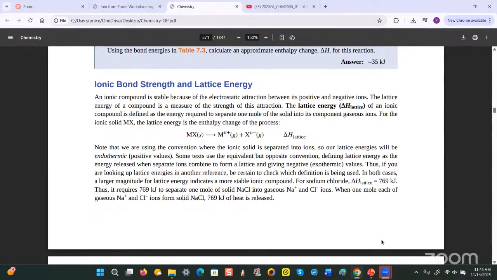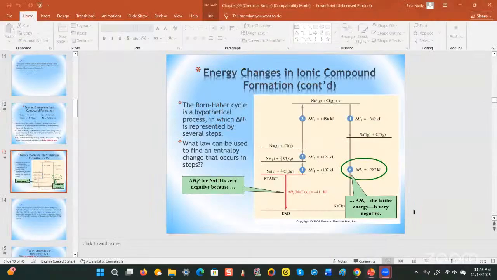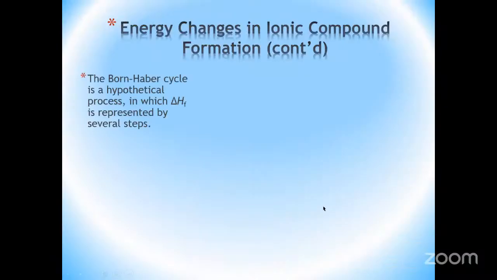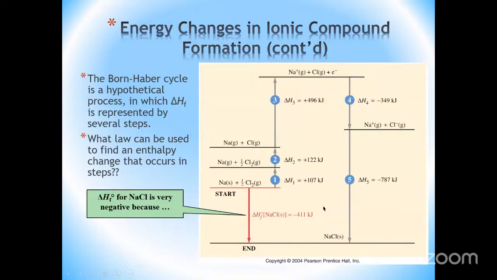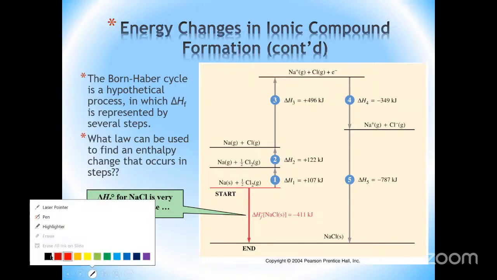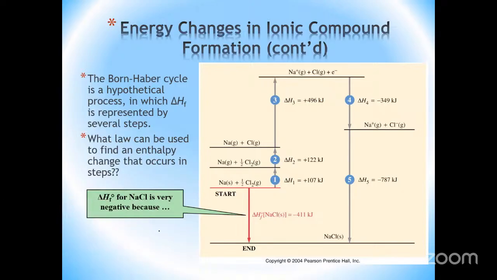So because your textbook says it this way, I'm going to stick to that definition, which means that, going back to the PowerPoint here, according to your textbook definition, the lattice energy would be the energy for the reverse, which means that it would be plus 787 kilojoules.